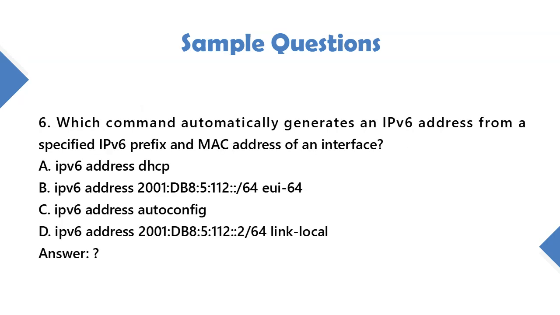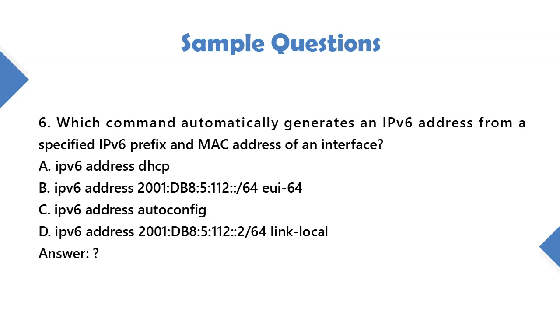6. Which command automatically generates an IPv6 address from a specified IPv6 prefix and MAC address of an interface? A. IPv6 address DHCP. B. IPv6 address 2001:DB8:5:112::/64 EUI-64.